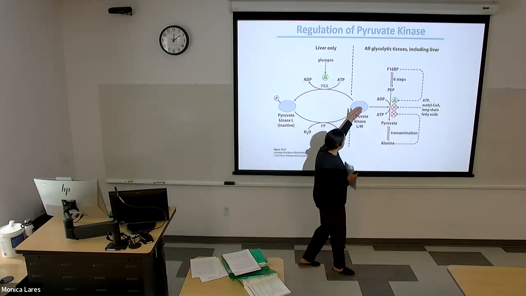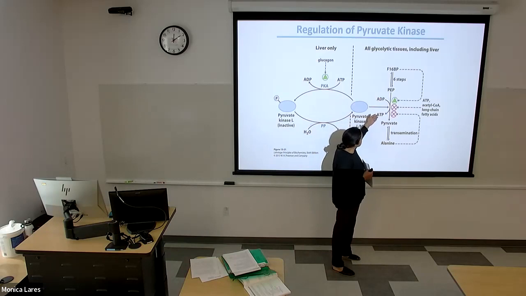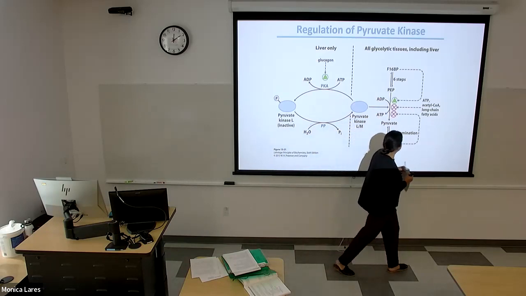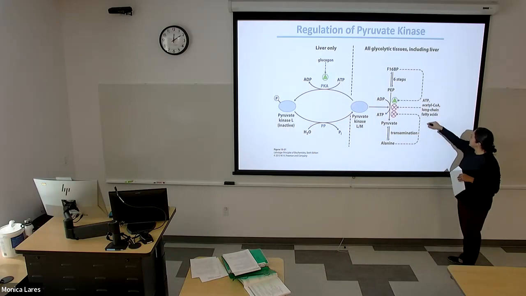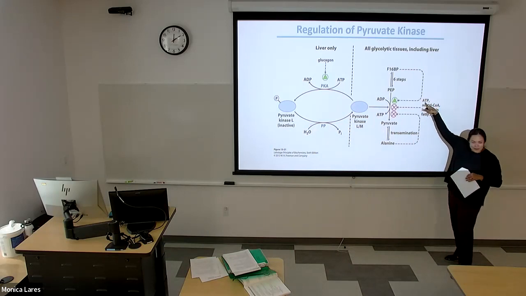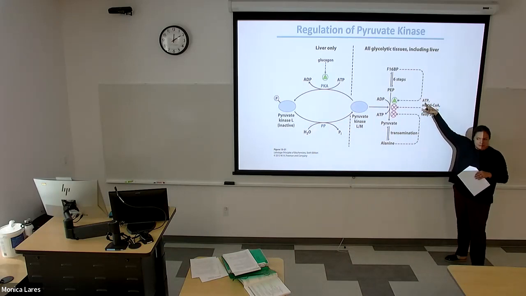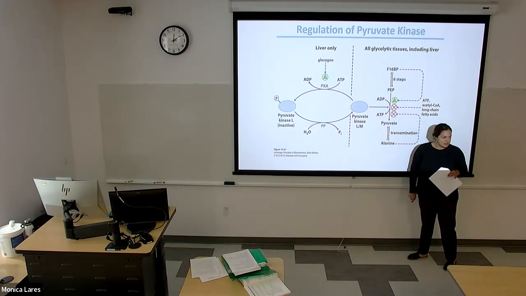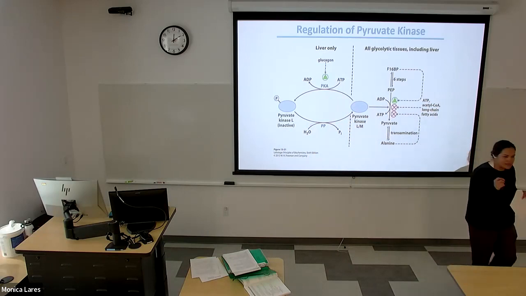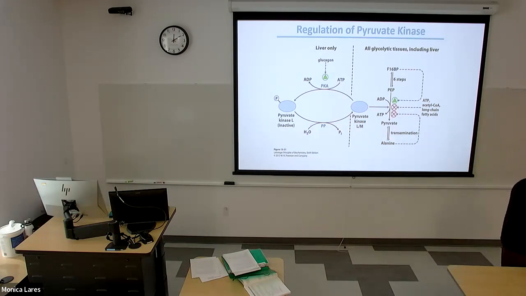So we make ATP in that step, and it's saying that ATP, acetyl-CoA, and long-chain fatty acids are all signs that the body is meeting its energy demands. If there's ATP around, then that means we're not using it up, and it comes back and inhibits pyruvate kinase. Can you reason that out, that ATP would inhibit pyruvate kinase?